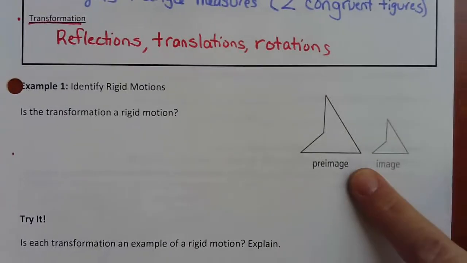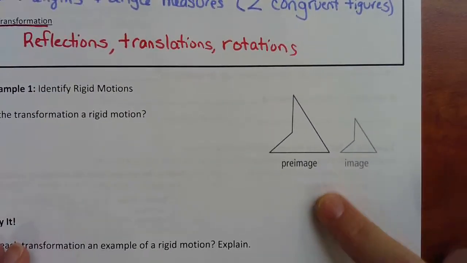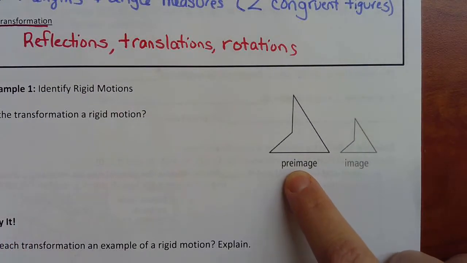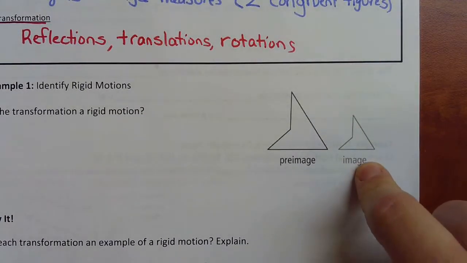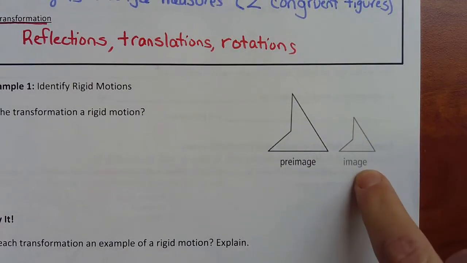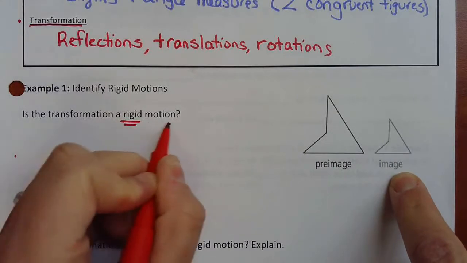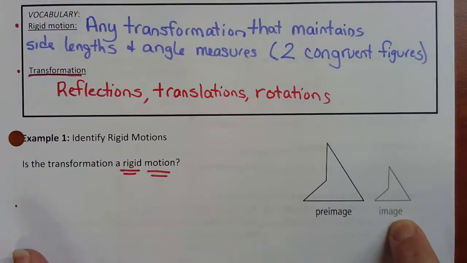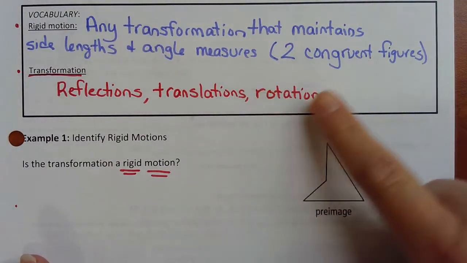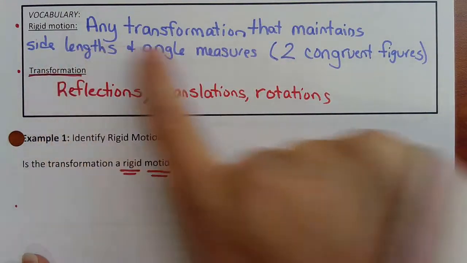So if you take a look at these two pictures right here, this is the pre-image. This is where you start, and then you apply some type of a transformation, and this would be a transformation of a dilation. And then you end up with this. So if I look at this figure and this figure, what they want to know is this a rigid motion? Just a reminder, a rigid motion is anything that maintains side lengths and angle measures.